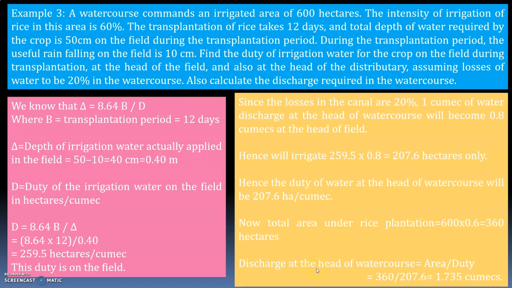So discharge at the head of the water course is equal to area divided by duty. Area is 360 hectares divided by this duty. The duty at the head of the water course is 207.6. That is equal to 1.735 cumec. So this is the discharge required in the water course.